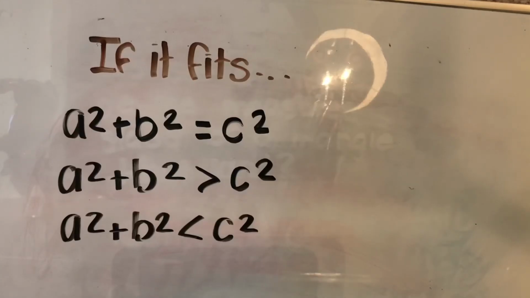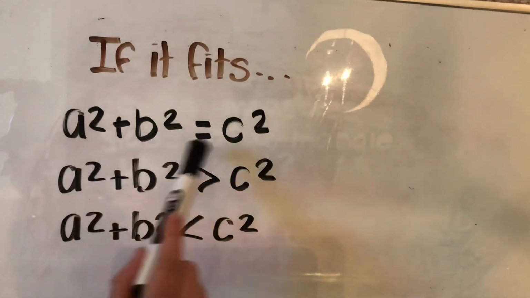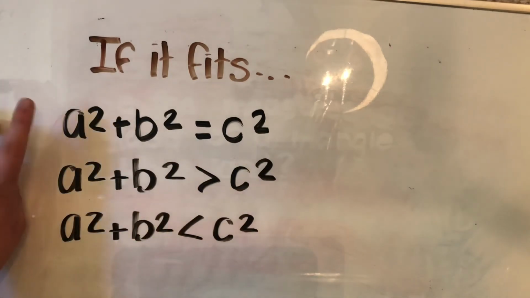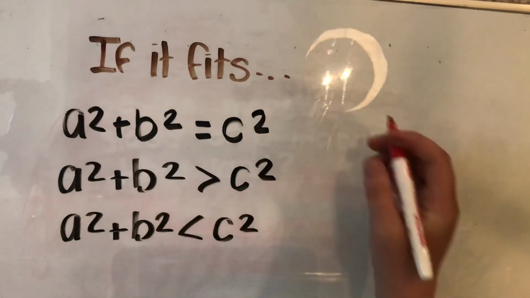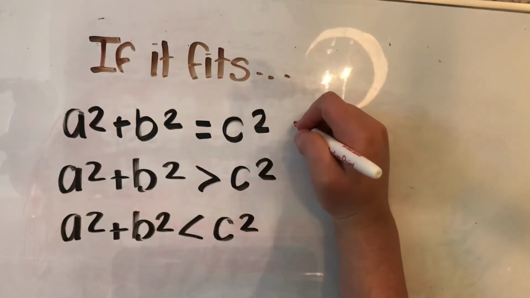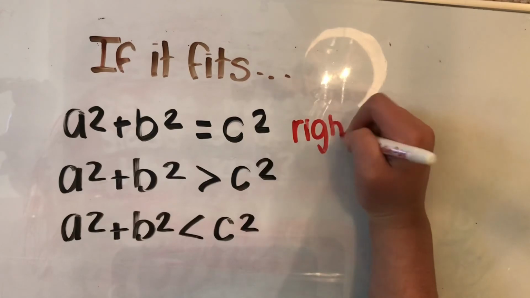So we then learned about these 3 equations. If these measures can fit into this first one, a squared plus b squared is equal to c squared, we can classify the measures as belonging to a right triangle.